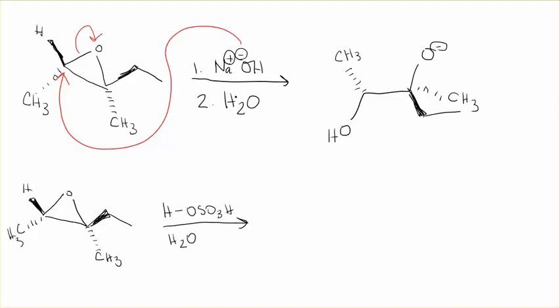Oh, I'm sorry, I didn't finish this reaction. The end of this reaction, the alkoxide is going to get protonated, so we would form a diol, an alcohol here and an alcohol here. Let's do this under sulfuric acid conditions. The epoxide sees the acid and gets protonated.